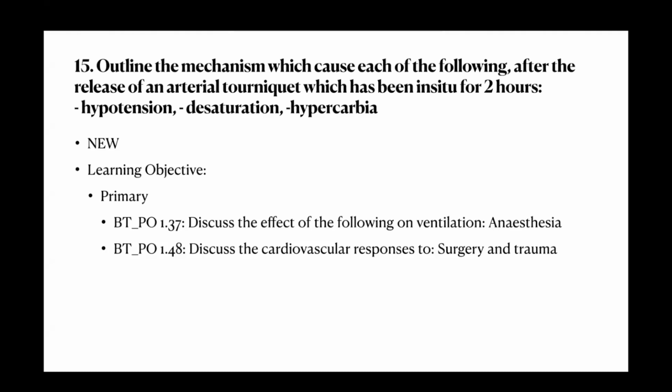And this would have been challenging because there's nothing specific with regards to tourniquet and its effect on hypotension, desats, and hypercarbia. It would have to be one where you would have to read around, especially with regards to the concepts of how it's related to anesthesia, surgery, and trauma.